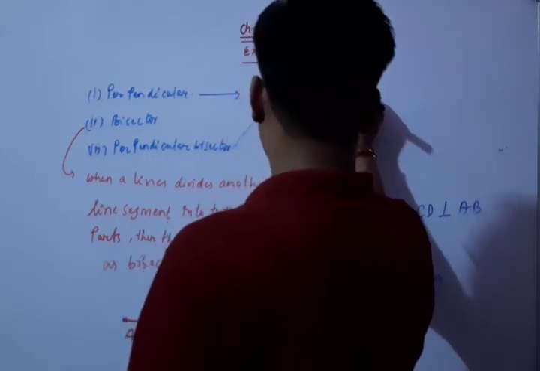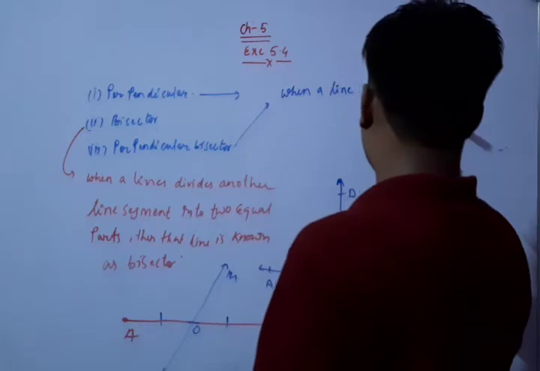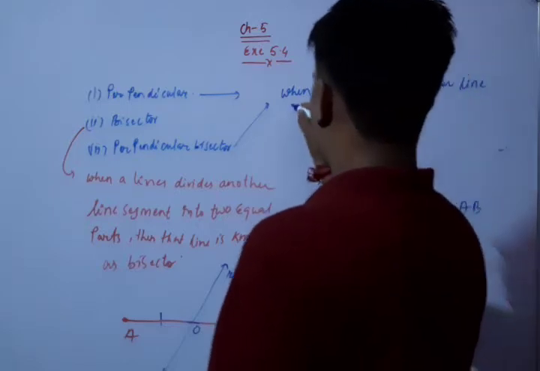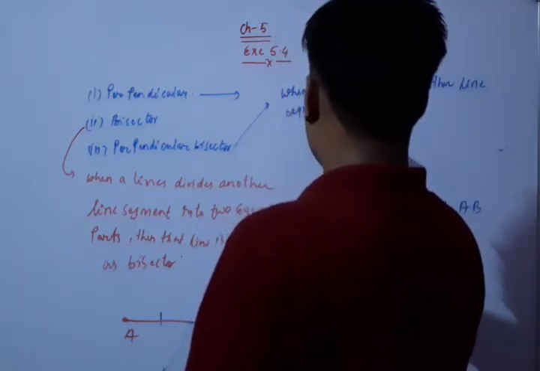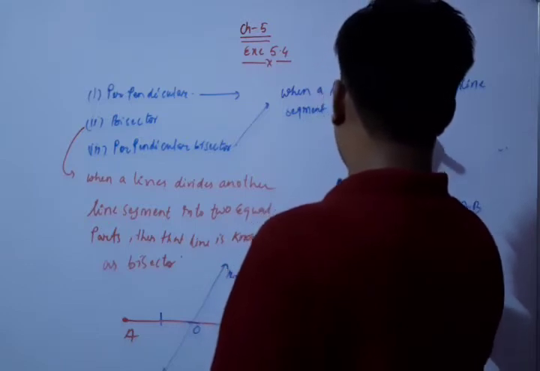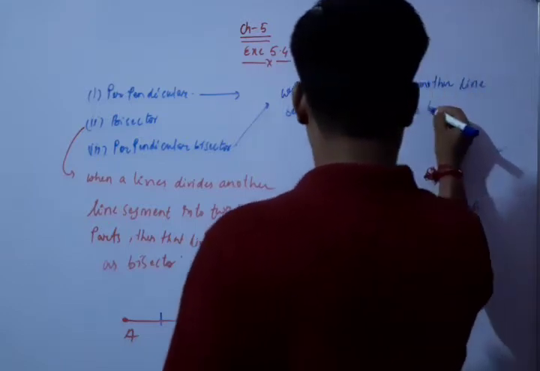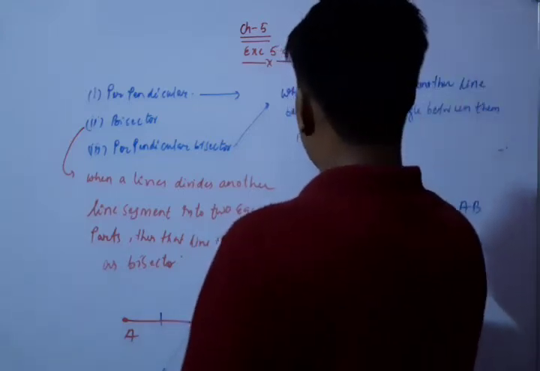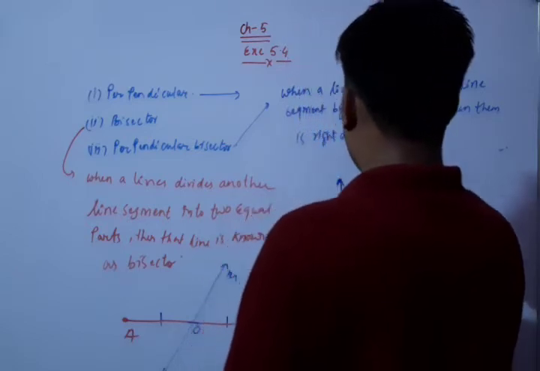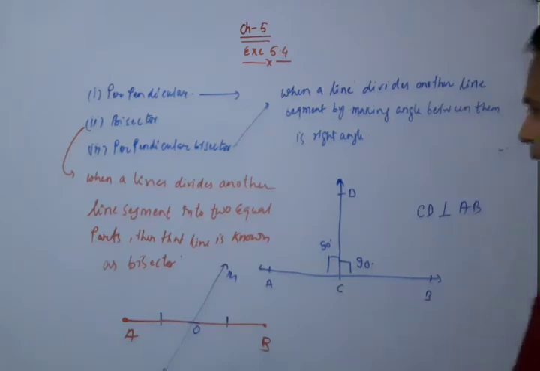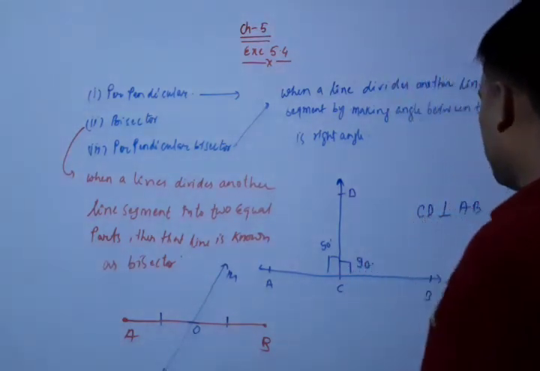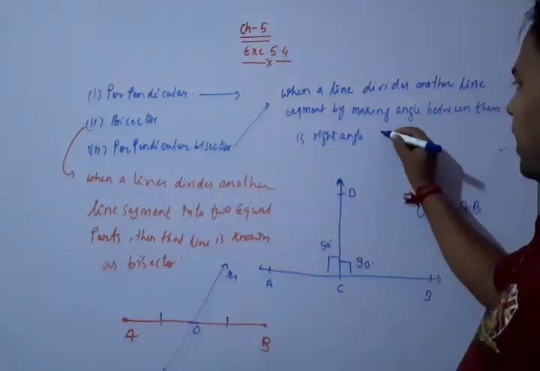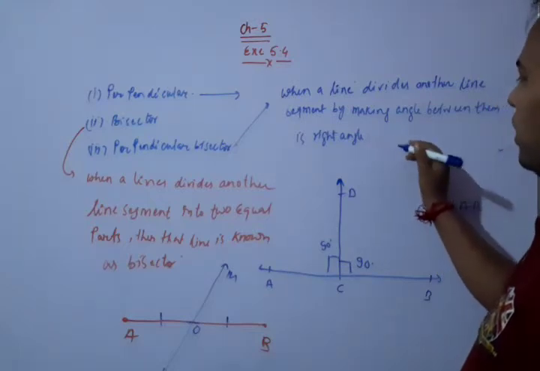When a line divides another line segment by making an angle between them that is a right angle, in between them the angle must be a right angle, then the line will be known as a perpendicular bisector.